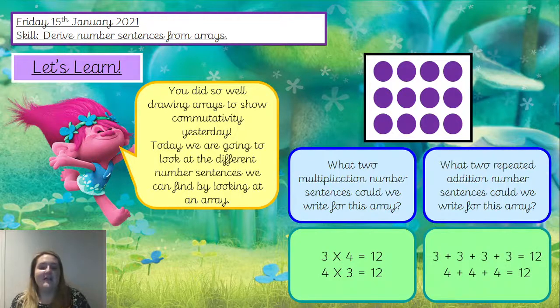So 3 add 3 add 3 add 3 equals 12. And 4 add 4 add 4 equals 12. We can see that here because we have got 1, 2, 3, 4 groups of 3. And we've also got 1, 2, 3 groups of 4. That really helps us see where those repeated addition number sentences have come from.